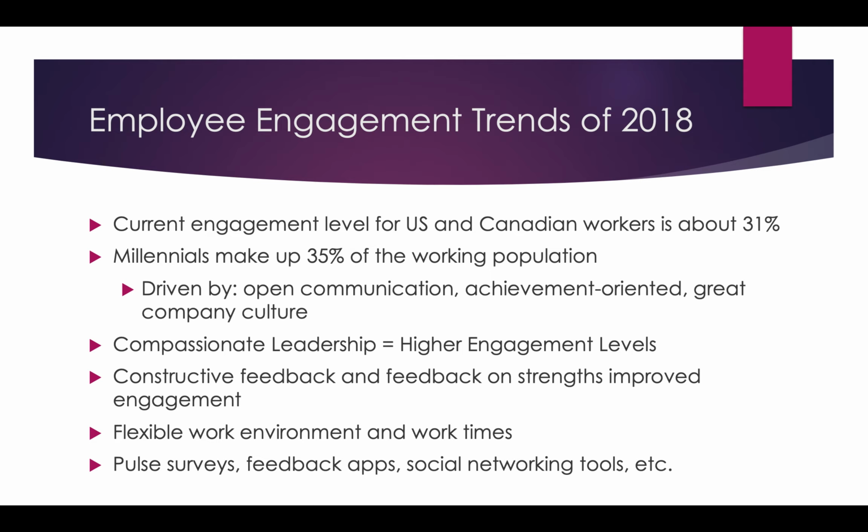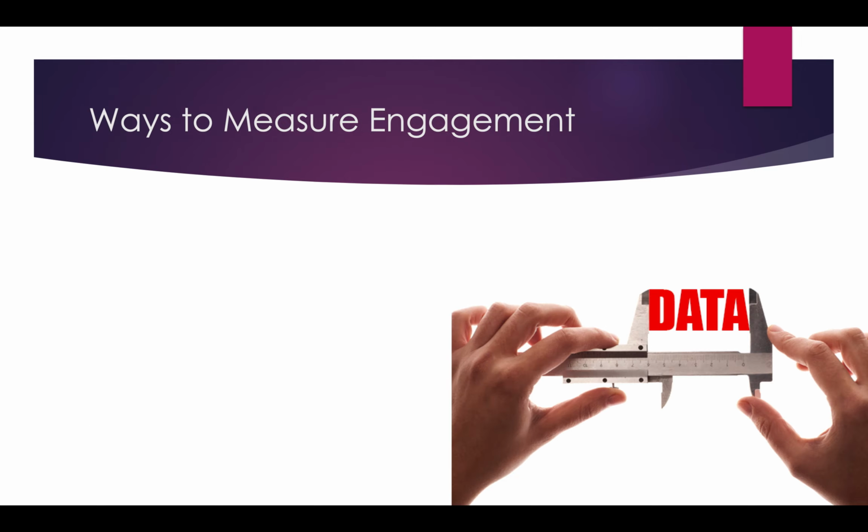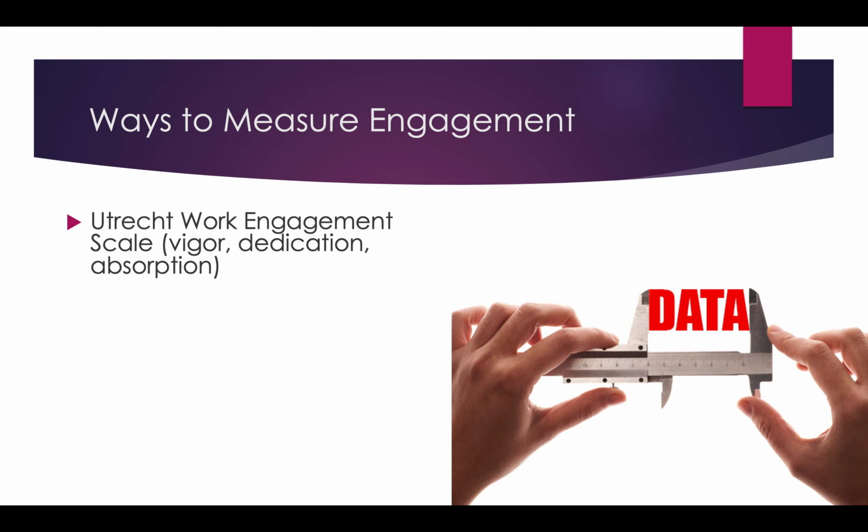And that's what we're going to primarily focus on for this lecture, are the different ways in which you could actually measure engagement. Now, of course, there are several different ways that people could go about this, but the ones that I will be talking about today are the Utrecht Work Engagement Scale, and that's split up into vigor, dedication, and absorption.